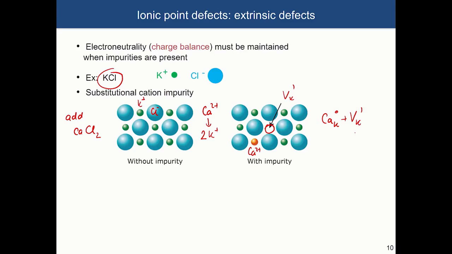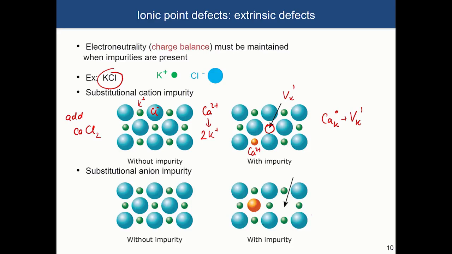Is that clear? The idea is that at the end, the charge neutrality has to be preserved in the crystal, so you're trying to figure out what the different combinations are that can give you that.